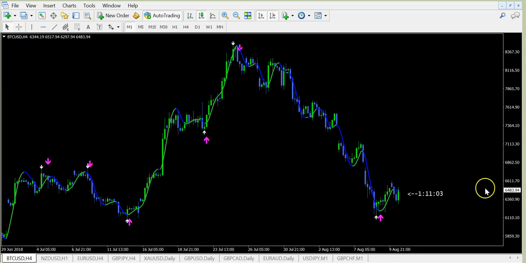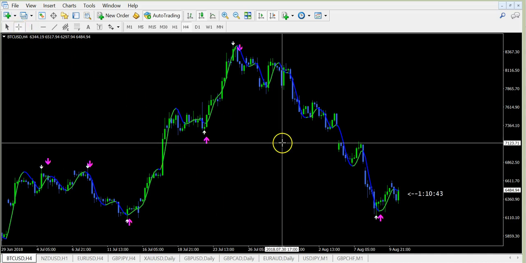So let's go. I just want to show that it works on all assets. You can use it on all assets like stocks, commodities, indices, Forex, cryptocurrencies. So this is a 4-hour time frame on Bitcoin.